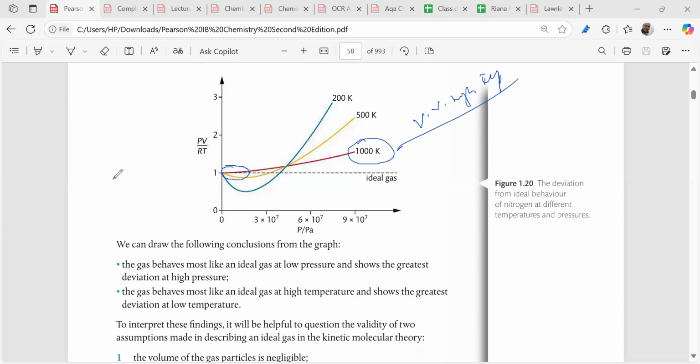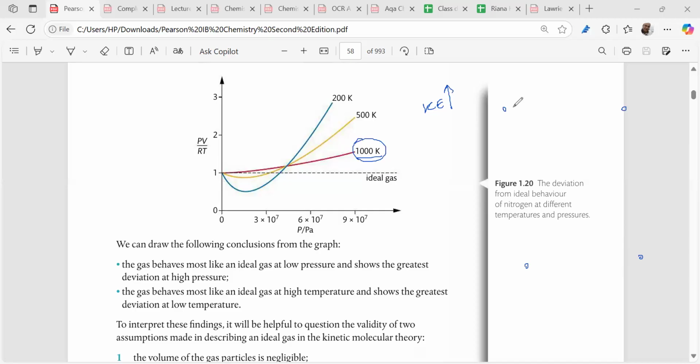The greatest deviation is seen at a lower temperature. At a higher temperature, the kinetic energy is more, so the particles are much farther apart from each other. That is why the gas behaves ideally at a high temperature.